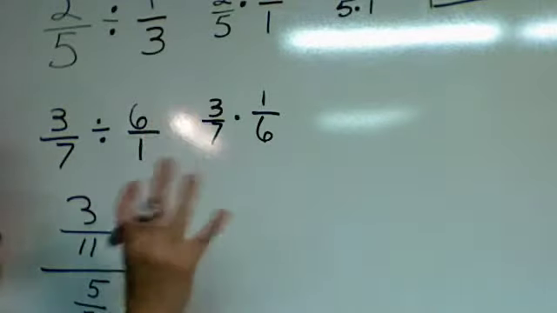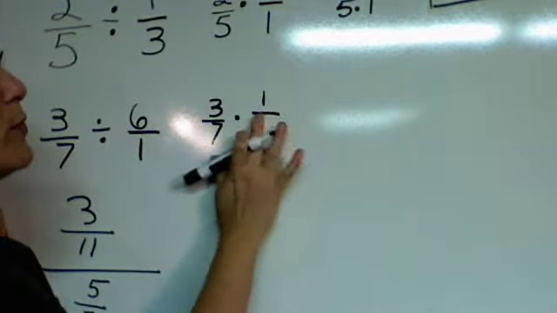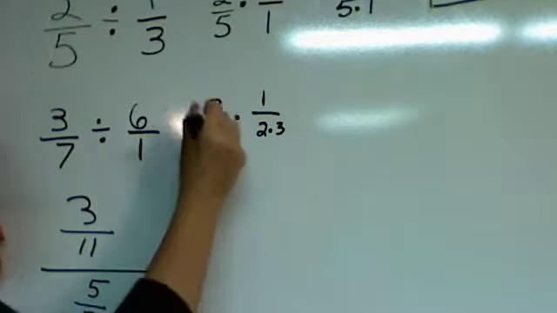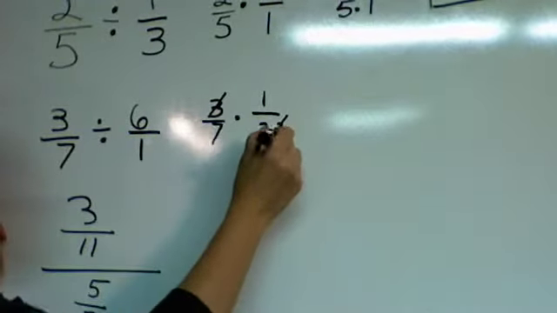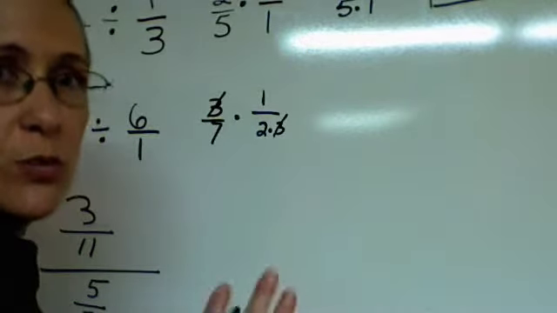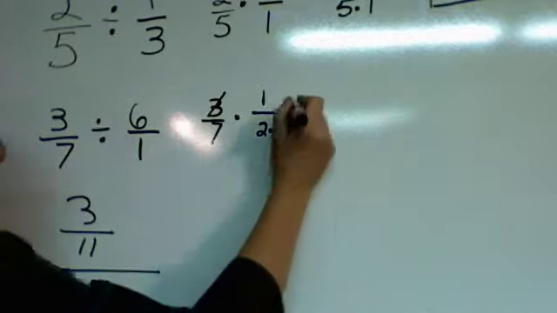At first glance, it doesn't appear that anything can, but remember that 6 can be rewritten as 2 times 3. When you see that, then you see that these 3's can cancel. Remember, writing things down into their prime factors can really help you understand this canceling. Then you just multiply straight across.